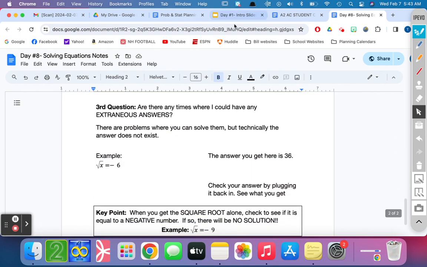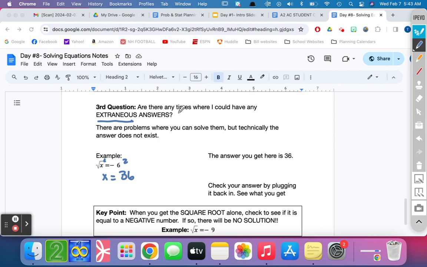All right. Third question is okay, do we have any extra answers? This fancy math word is extraneous. Means I can solve a problem, but technically I don't have the answer. So, like for example, this problem right here. There is nothing stopping me from solving this equation. So I square each side. x equals, well, -6 times -6 is positive 36.